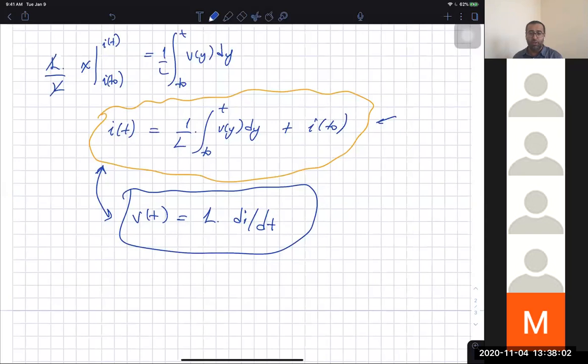For the other equation, if there is an initial condition, it will automatically drop due to the time derivative. That constant initial condition will go away. But for this voltage to current calculation, you will need that initial condition. So it will matter a lot. You should be paying a lot of attention to those initial condition calculations, right?